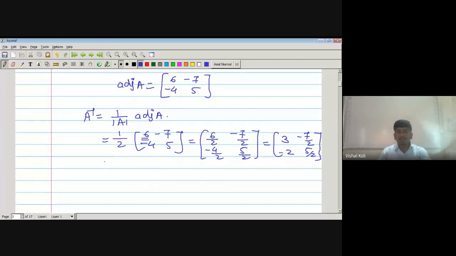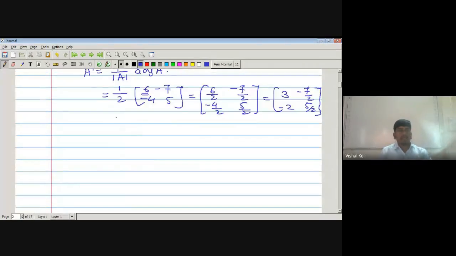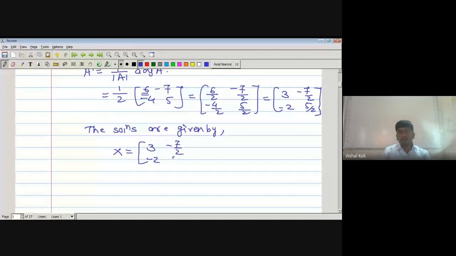Now the solutions are given by capital X equals A inverse B. Here A inverse is 3, minus 7 by 2, minus 2, 5 by 2, into B. B is minus 2, minus 3. Just find the multiplication.